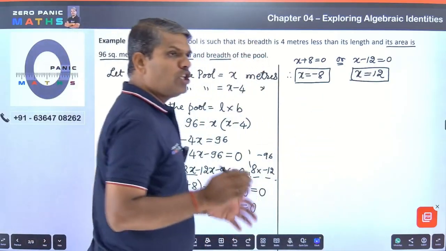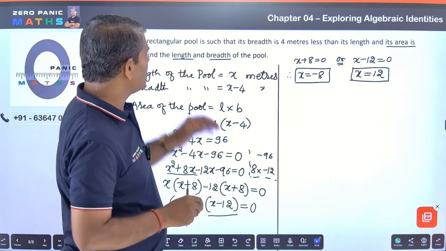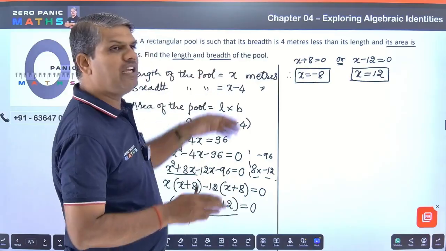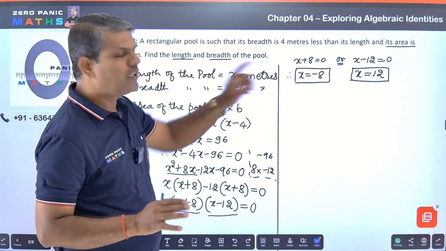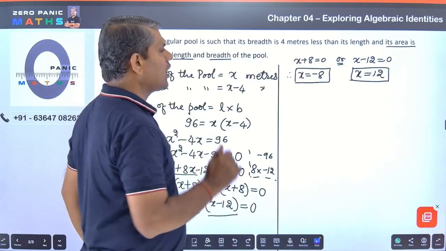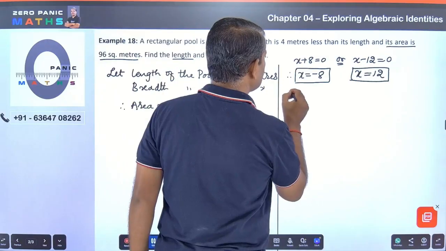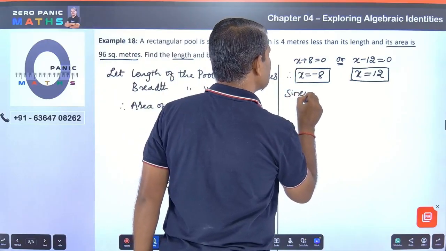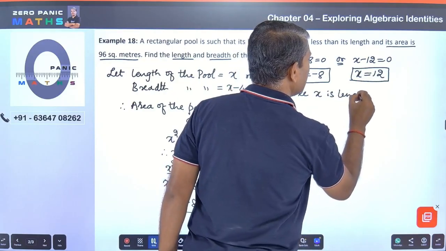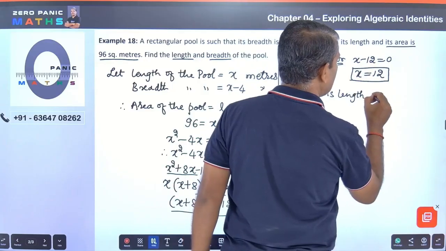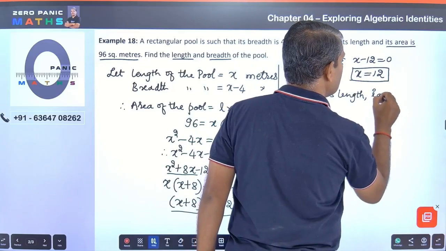So whenever you get some negative numbers and you have assumed initially that it is a length or breadth, then you have to ignore negative numbers. That is what the conclusion is. Okay, so you can write here that since x is length, you can ignore the negative number.